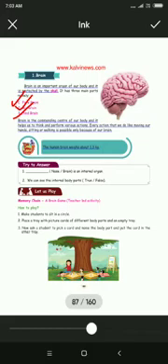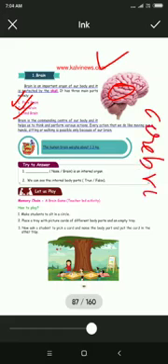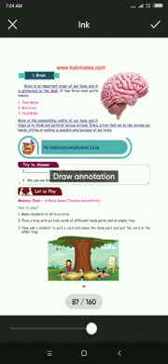All of you look at these brain pictures to see where each part is present. This is the forebrain. This place is called the cerebrum. It's the largest part of the brain. Second is the midbrain, another name is cerebellum.